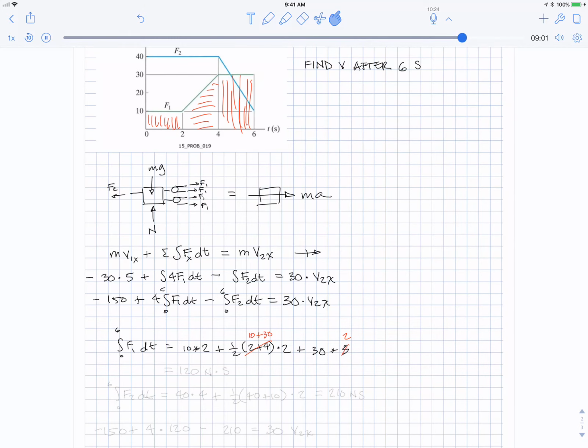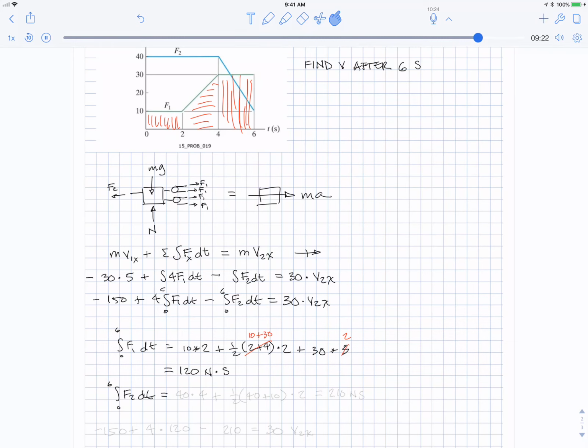Okay, so multiplying that all out, I get 120 newtons times second. And so similarly, we're going to do the integral of 0 to 6 of f2 dt.